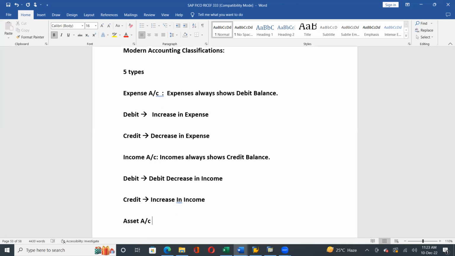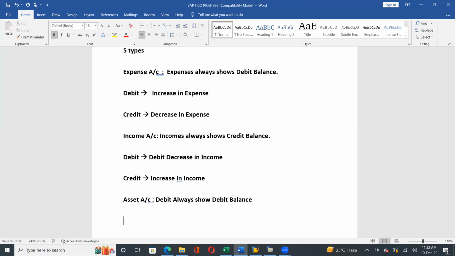Next one, asset always shows which balance? Debit. Assets always show a debit balance.